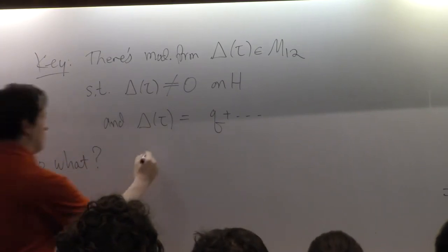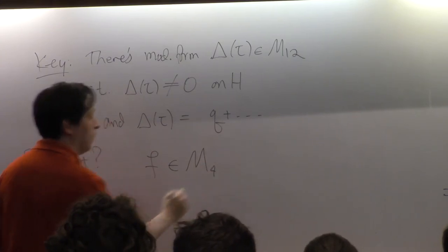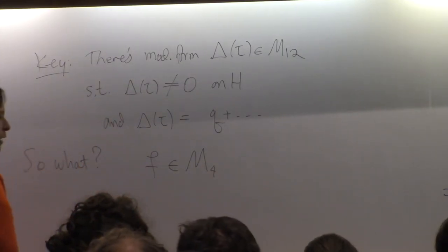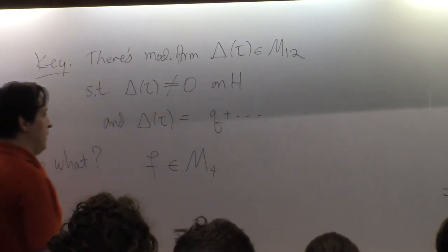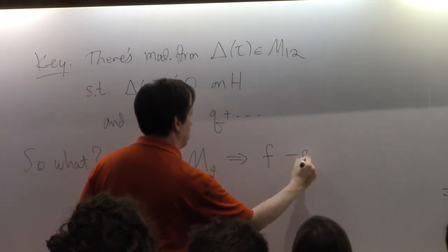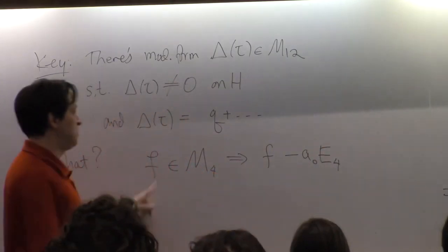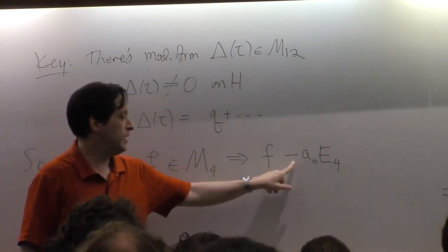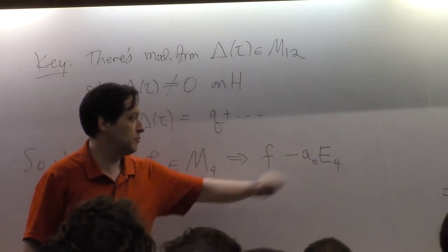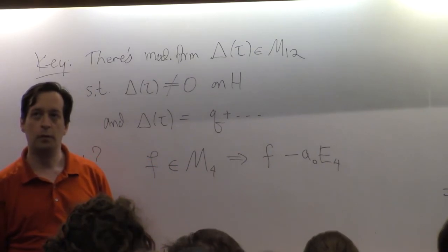Well, watch this. Suppose you gave me a modular form of weight 4. Then it has a constant term, call it a0. If you take the modular form of weight 4 and subtract its constant term times the normalized Eisenstein series of weight 4, you get another modular form of weight 4.